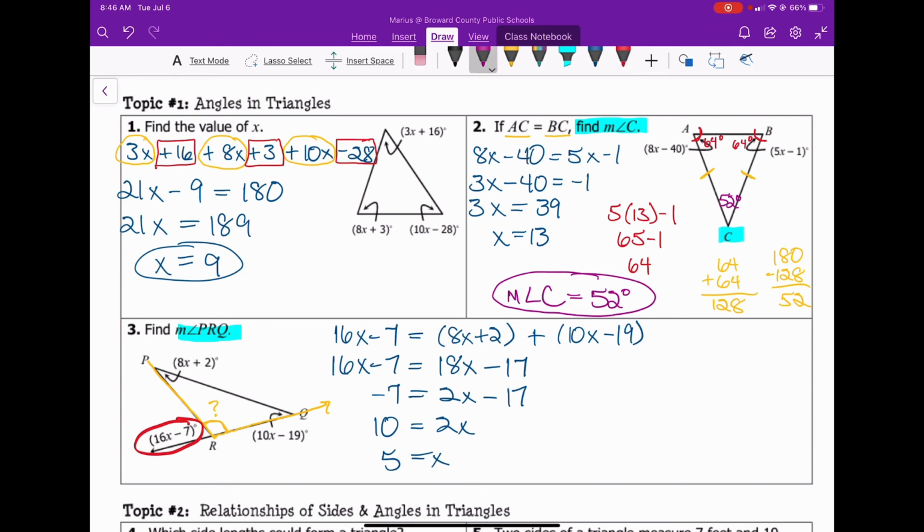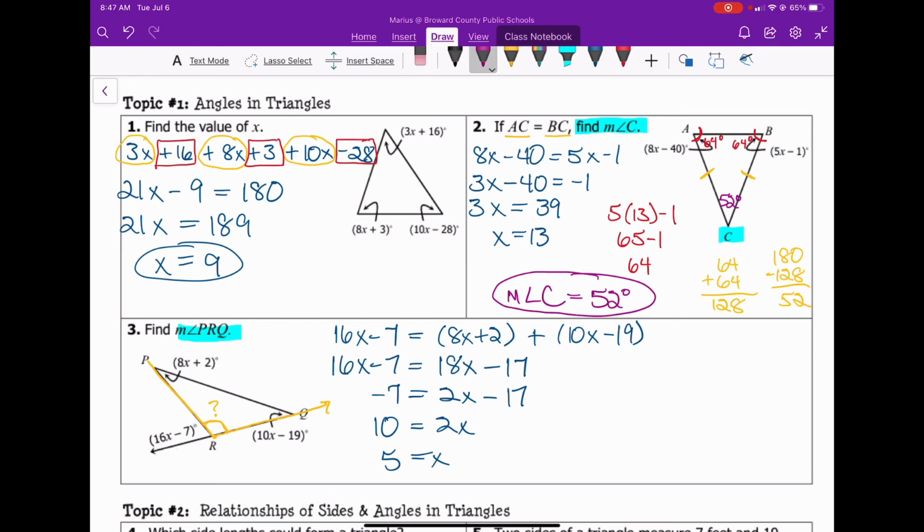And then after that, we would have to subtract that answer from 180 because 16x minus 7 and the question mark angle that we're looking for, those are supplementary, which means they add to equal 180. Okay. Or another way of looking at it is that they're a linear pair.